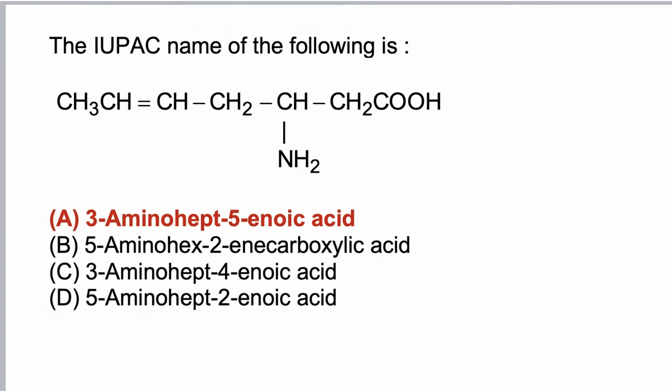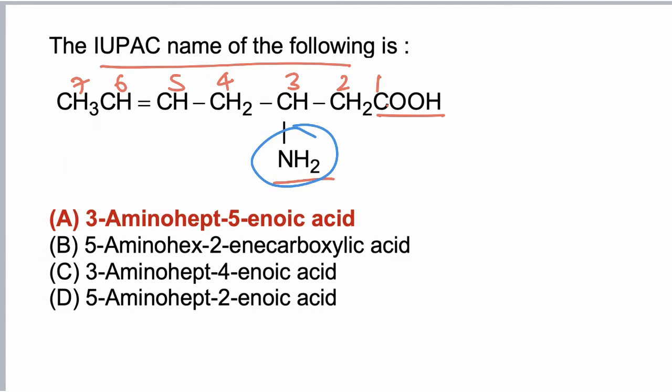The IUPAC name of the given compound. So first we have to find the principal functional group. Now COOH and NH2 functional groups are present. COOH is the principal functional group. So now we have to select the principal chain. 1, 2, 3, 4, 5, 6 and 7 carbon atoms are present in the principal chain. At the third position, an amino group is present.